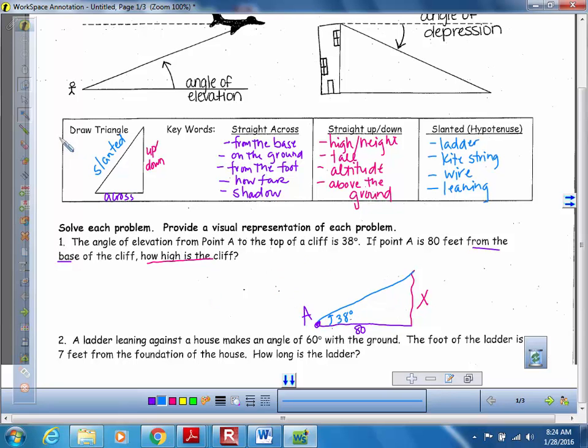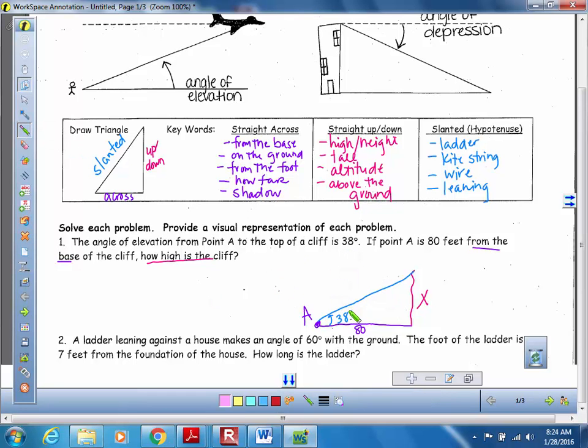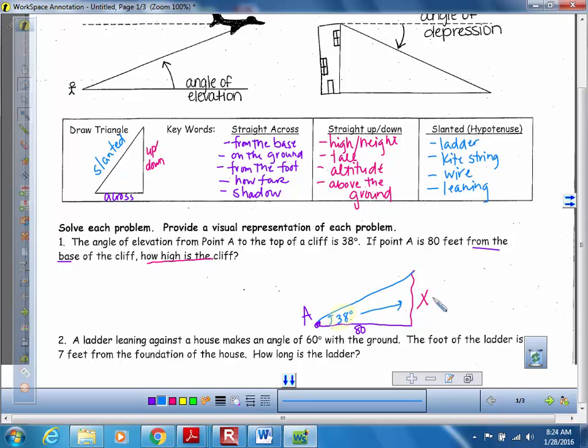So if I'm looking from angle 38, I can see that X is my opposite side. I know that the slant is always my hypotenuse, but I'm not looking for my hypotenuse. And then my other side is my adjacent.